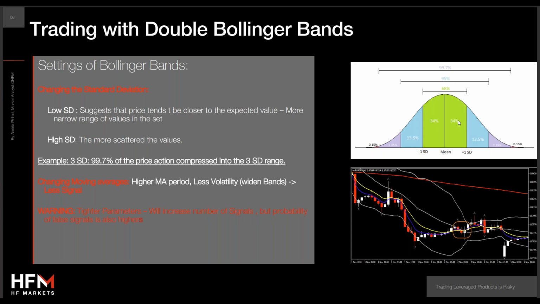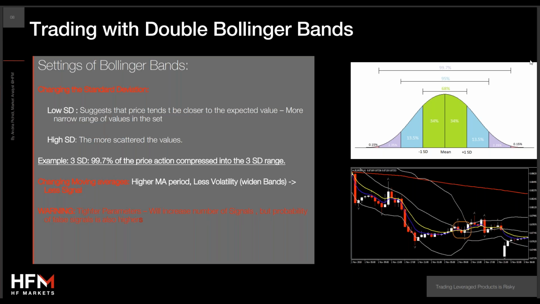We have already covered that, but just to state something that is very, very important over here, guys. The higher the standard deviation, okay, so if you put a really high standard deviation, that will give you wider Bollingers. So you need to choose your settings wisely. You need to choose your settings to make sure basically that it's not way far away from the price action, but not very, very tight.